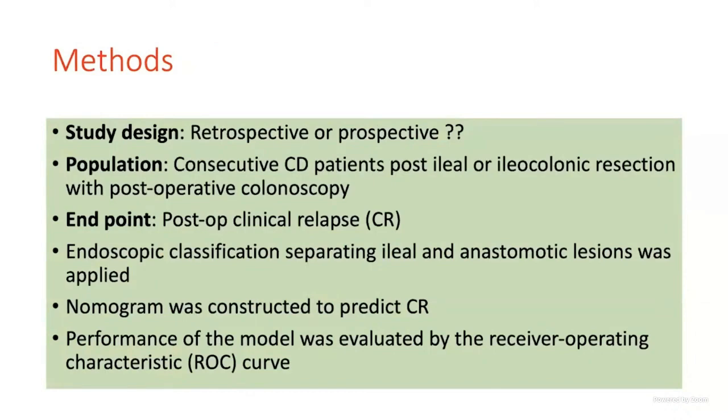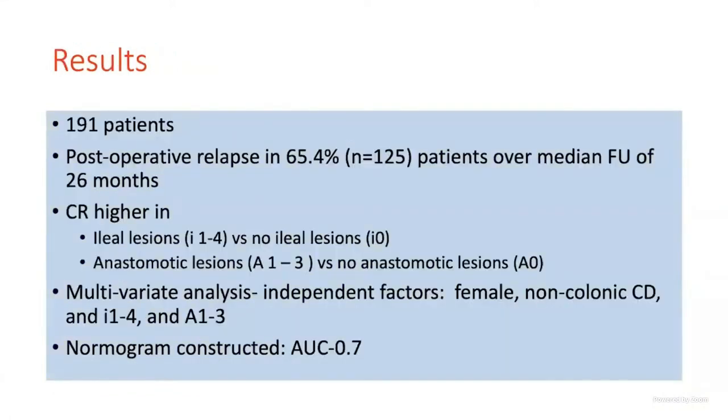Patients with Crohn's disease post-ileal resection with post-operative colonoscopy were included. The endpoint was post-operative clinical response, and endoscopic classification depending on both ileal and anastomotic lesions was applied, and in the nomogram from both perspectives, the accuracy was evaluated by ROC analysis. There were 191 patients. Post-operative relapse was seen in about 2/3 of patients over a median follow-up of around 2 years. The clinical relapse was higher in ileal lesions versus no ileal lesions, and anastomotic lesions versus no anastomotic lesions.